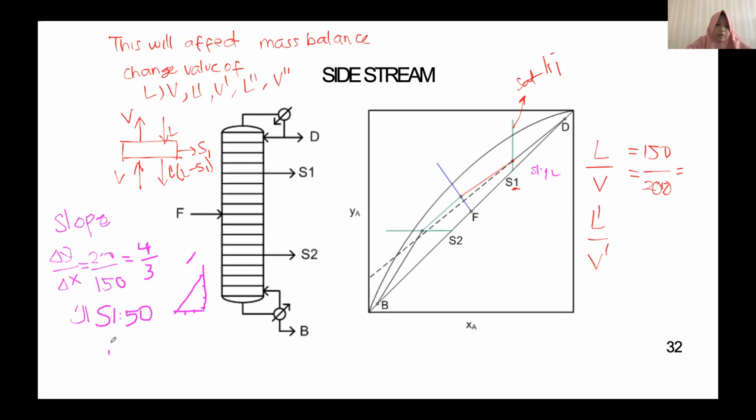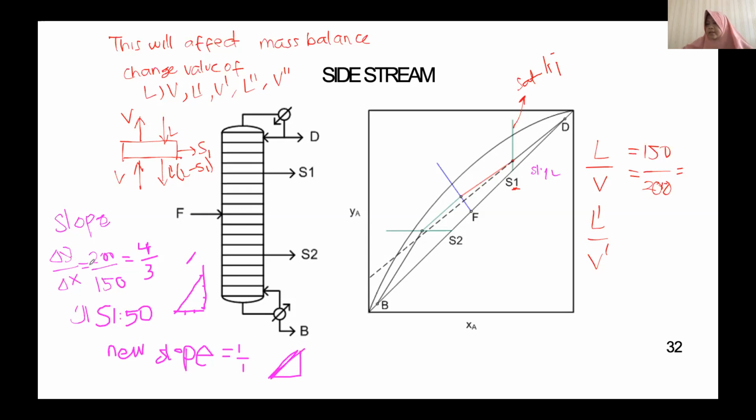So your new slope would become, so this becomes, for example, 150 minus 50, so 100, or maybe 1 by 1. So then the scale would be, looks like, maybe one scale. So that would be the slope.